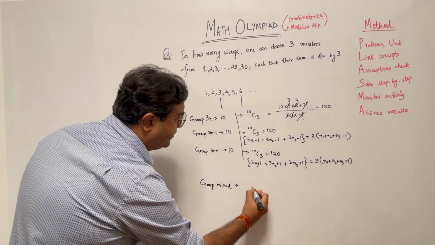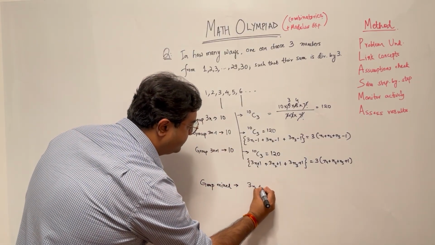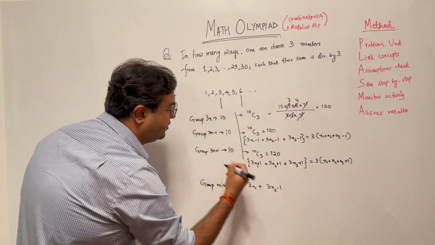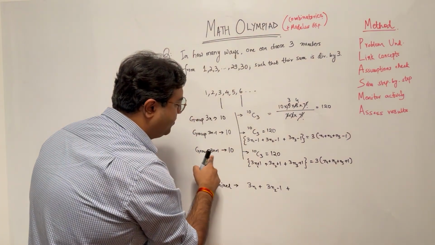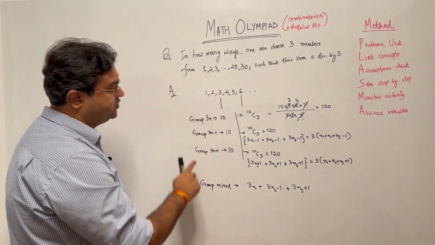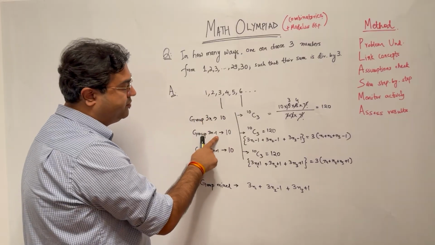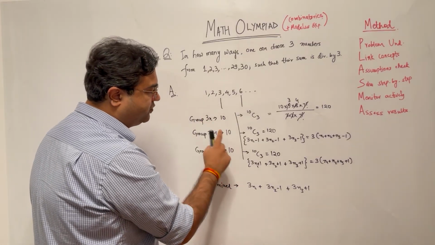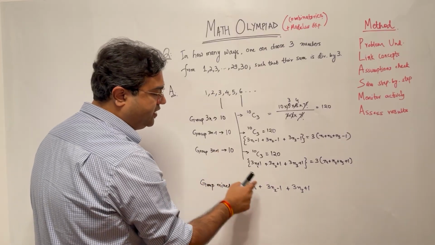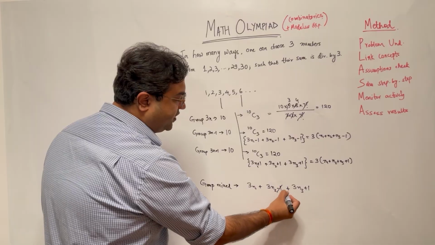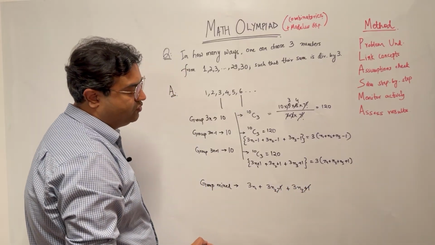So if you think there's another group which is a mixed group. Here, if you have a 3n1, then let's say 3n2 minus 1, and then if you pick one number from here, which will become 3n3 plus 1. So you're picking one number from here, one number from here, one number from here. So this is one number from group 1, one from group 2, one from group 3. And n1, n2, n3 are any integers. So this will cancel out.